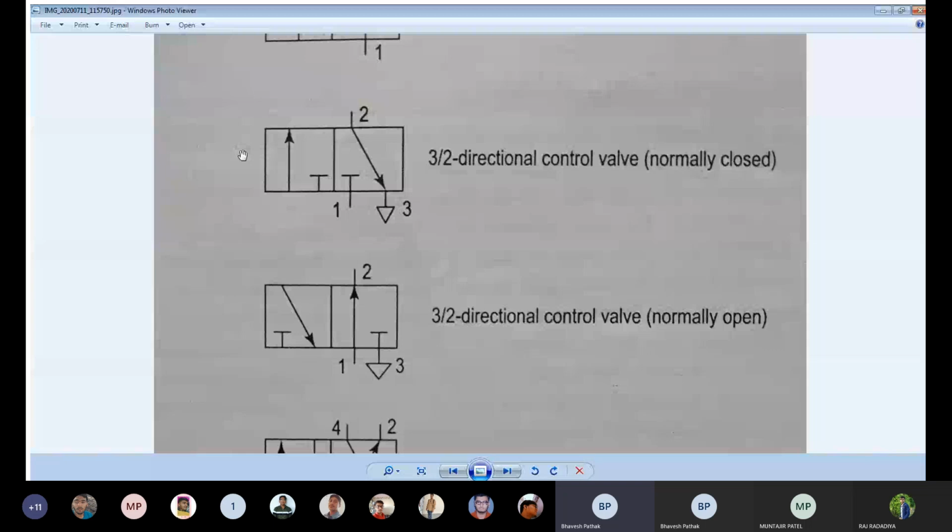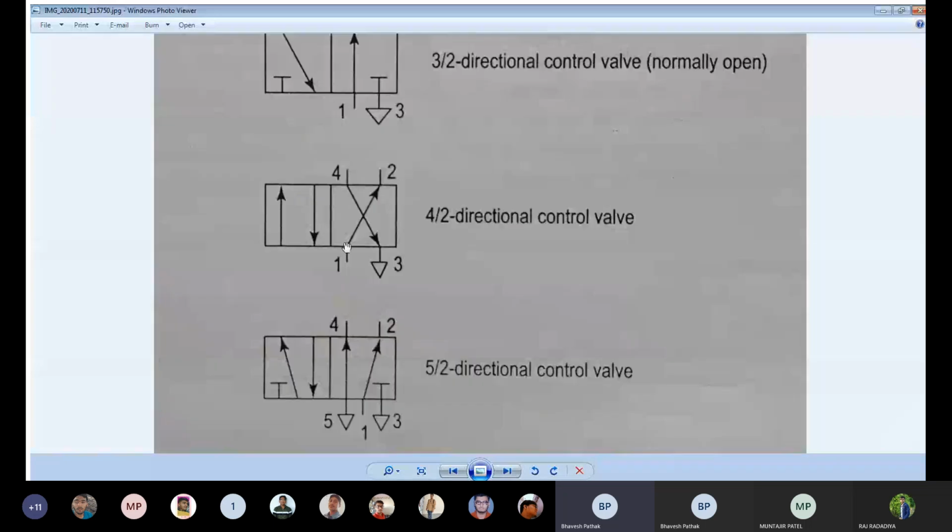Then a 4x2 directional control valve. In the 4x2 directional control valve, right now 1 is connected to 2, meaning pressure port 1 is connected to the working port, and the air from the outward side of the actuator is connected to 4. So the compressed air that we want to throw away to the atmosphere will pass through 4 to 3, and 3 to the exhaust. And when the valve is actuated from here, what will happen? 1 will be connected to 4.